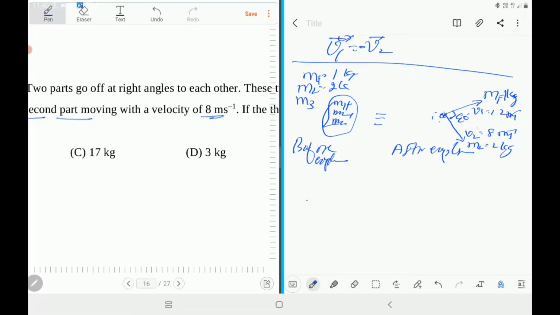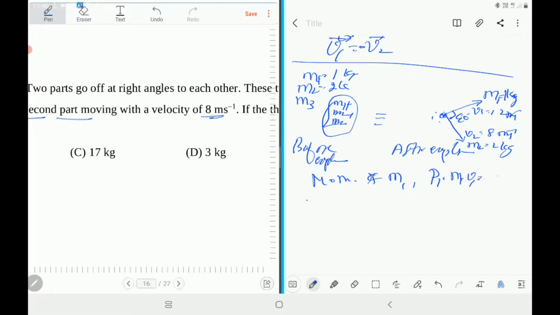According to the law of conservation of momentum, the third part must move in a direction opposite to the resultant of the first two. Let us suppose momentum of first mass M1, I write P1, that is M1 V1.